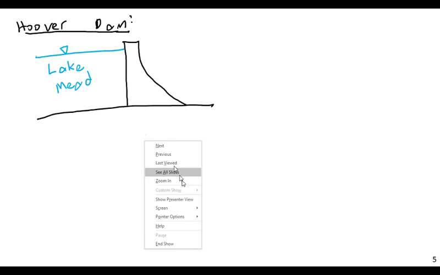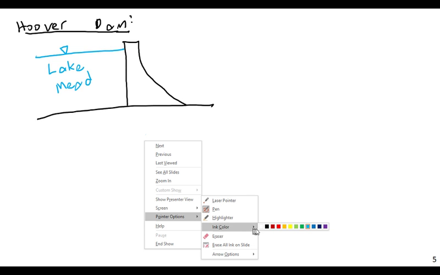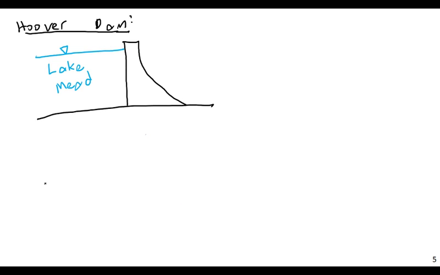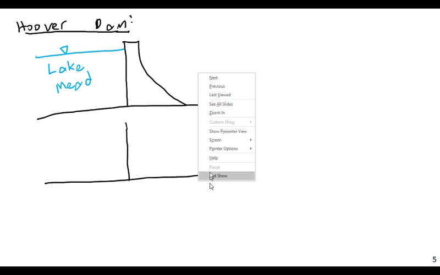Now, here's a question. Let's say somehow I was going to build a structure the same width as Hoover Dam, but instead of needing to hold back an entire lake, it only needed to hold back 1 foot of water.